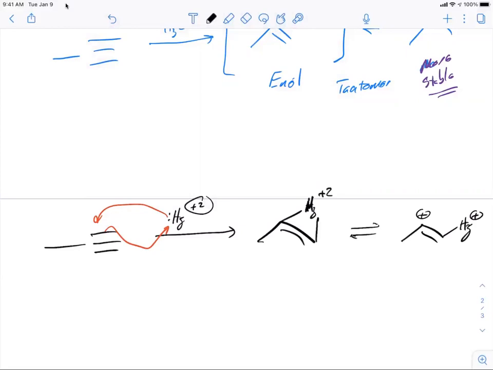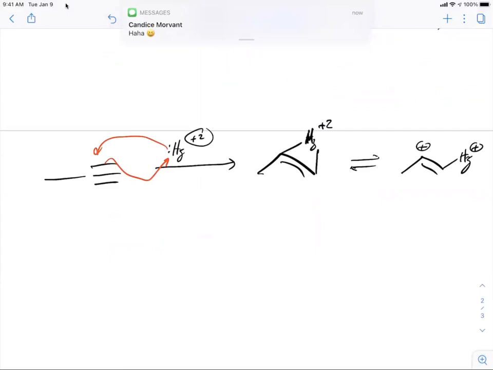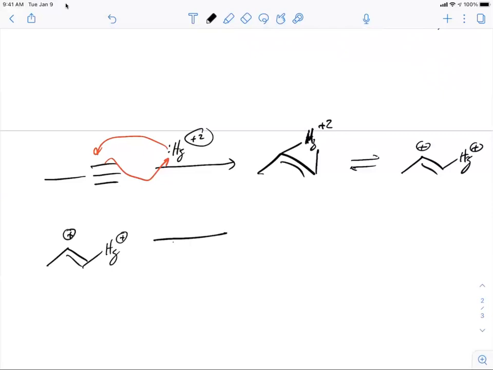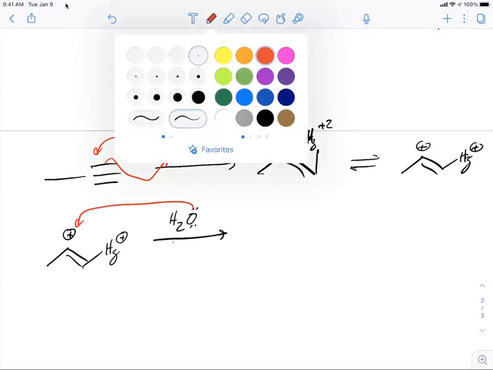We've got two different resonance structures there. So that's how the catalyst works. And then when we look at the second step, now we've got our positive here. Now we add our water. We've got the lone pair. Lone pair comes in and attacks the carbocation.